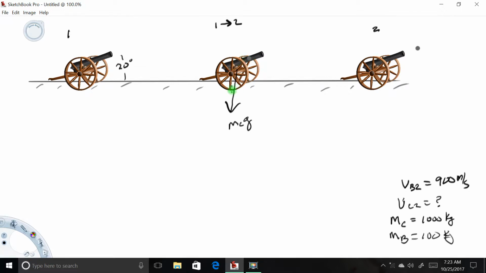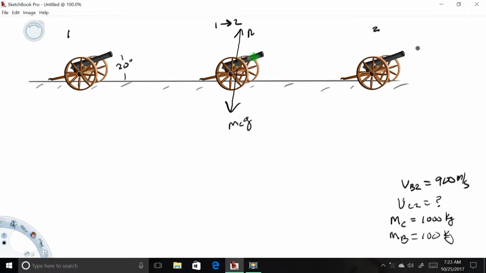The cannon is supported at the ground at these contact points here and here. So that's going to give us a normal force, or what we would typically call a normal, and that's going to be upward. Now, the cannonball is experiencing a force kind of up and right. It's being pushed by the hot expanding gases in this region.